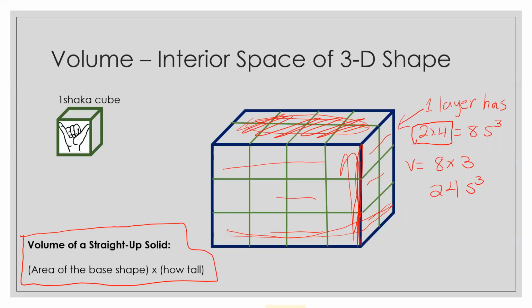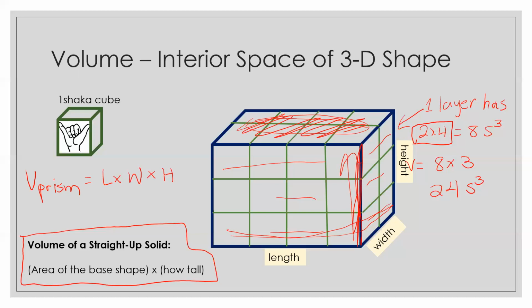Okay. Now, if we want to talk about specifically what we call these things, we call that the length, we call that the width, and we call that the height. Yeah. So then we would say the volume here of the rectangular prism is length times width times height.